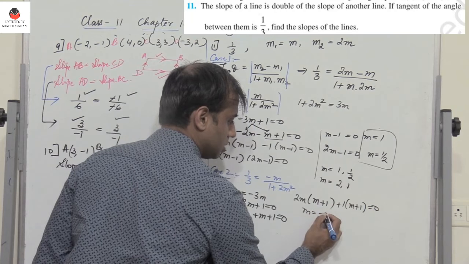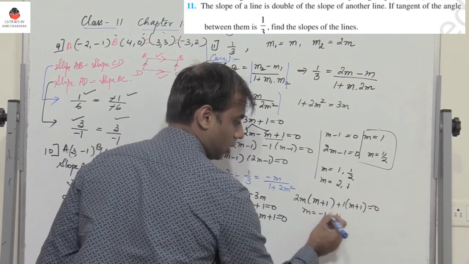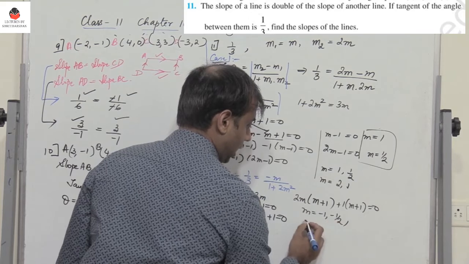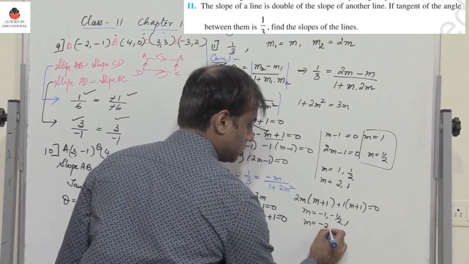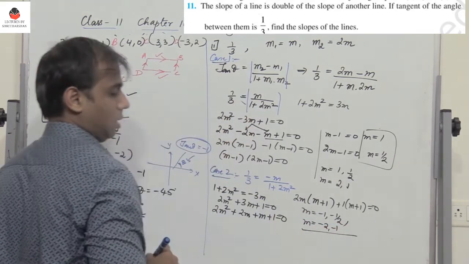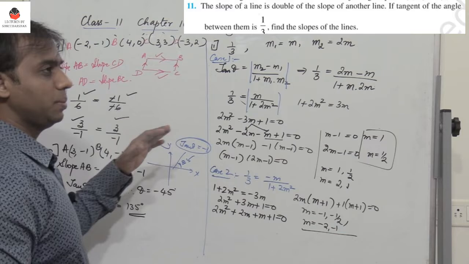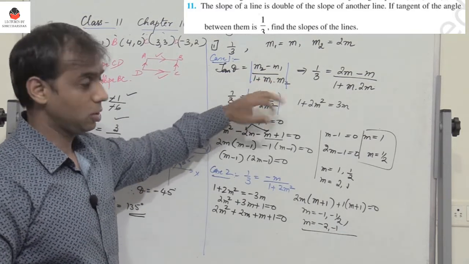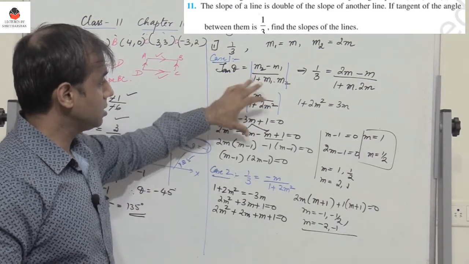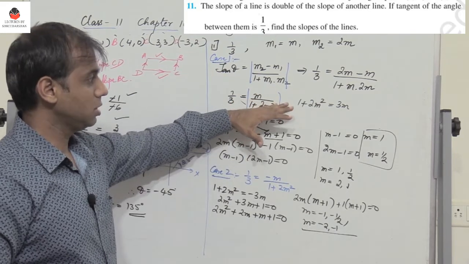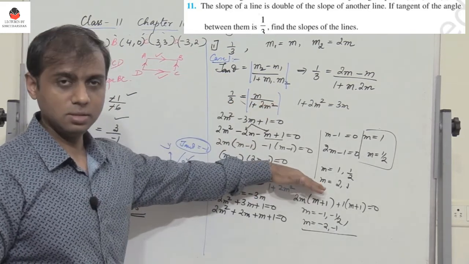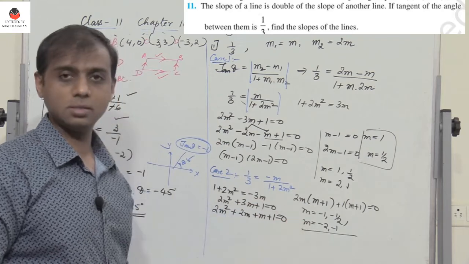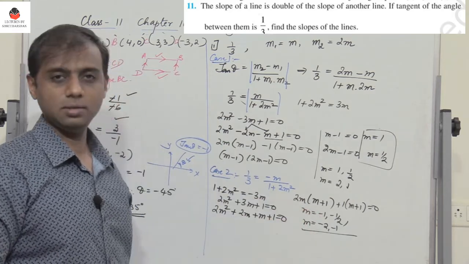So m equals -1 or -half, or if I multiply by 2, m equals -2 or -1. All you have to remember is tan theta is the magnitude of (m2 - m1) divided by (1 + m1 m2). In the first case I consider this term positive, and then considering it negative, I get m equal to -1 or -half.